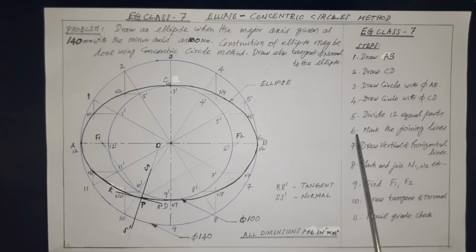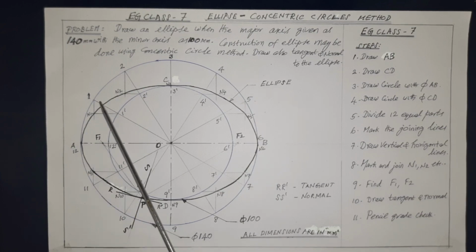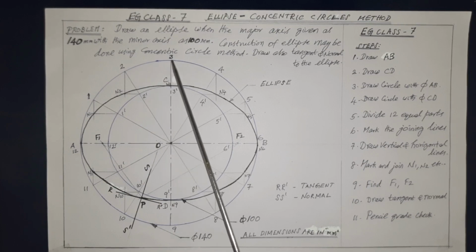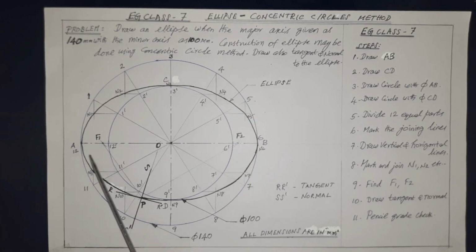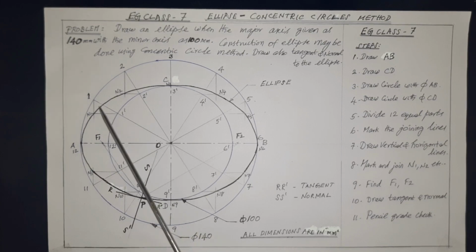Next, as per step number 6, mark the joining lines. That is, mark the outer circle joining lines as 1, 2, 3, etc. up to 12 as shown, because these divisions have already been drawn using the mini drafter.